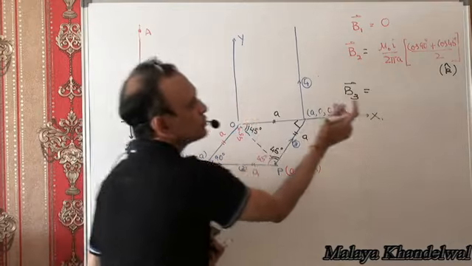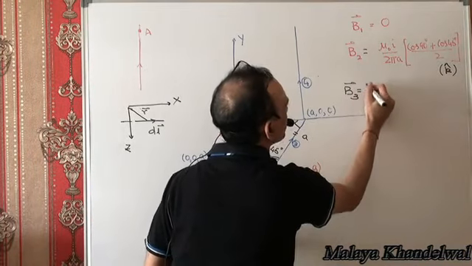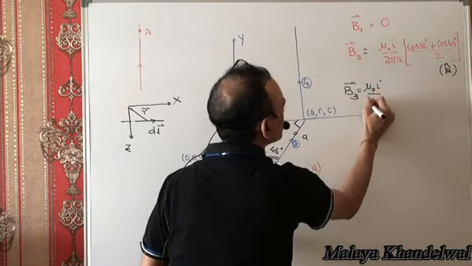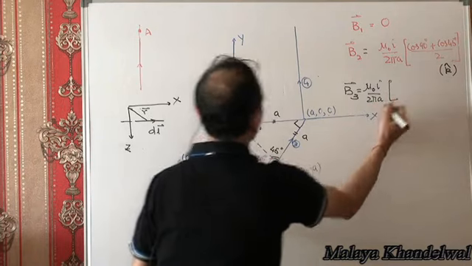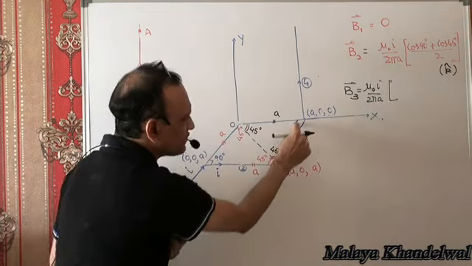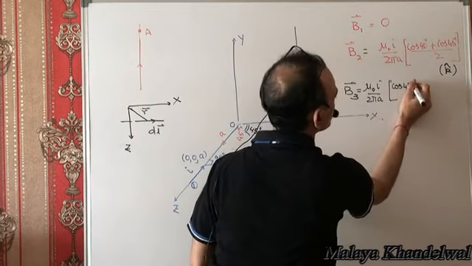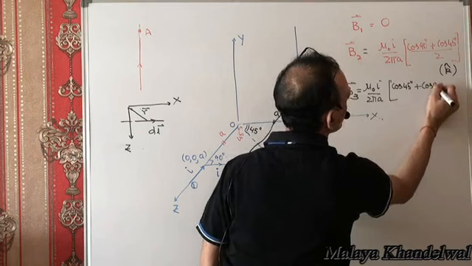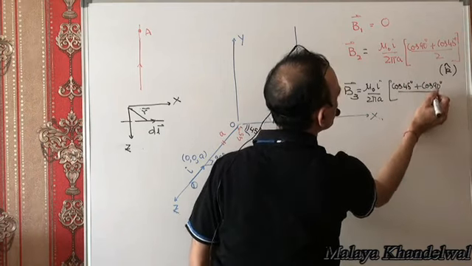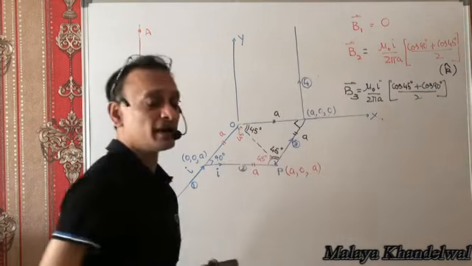A units. So mu naught I divided by 2 pi A, times cos 45 plus cos 90, divided by 2. And then direction.